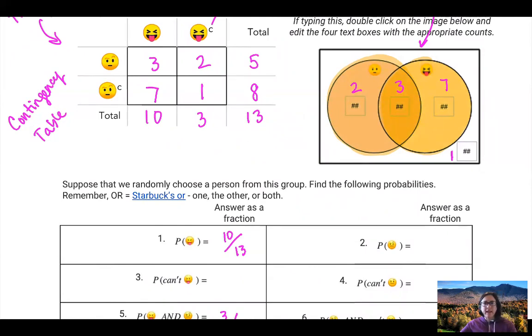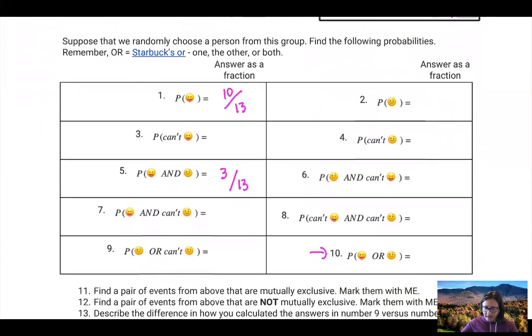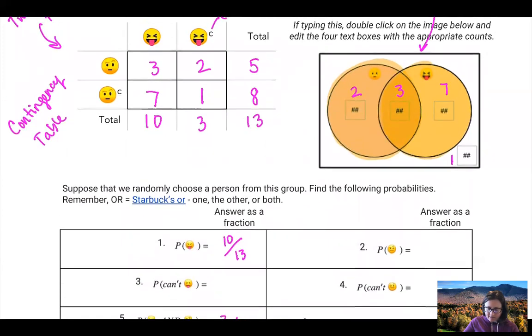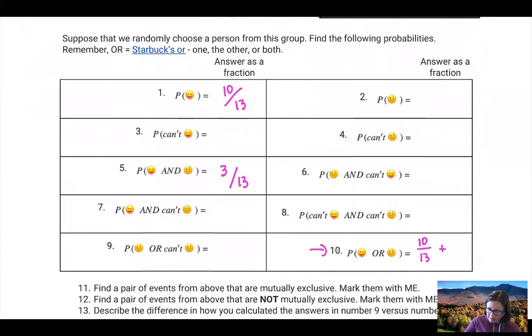Something kind of interesting happens though if you try to do this a different way. If I said, well, I know back from number 1, 10 out of 13 people can roll their tongue, and I know that 5 out of the 13 people can raise their eyebrow.